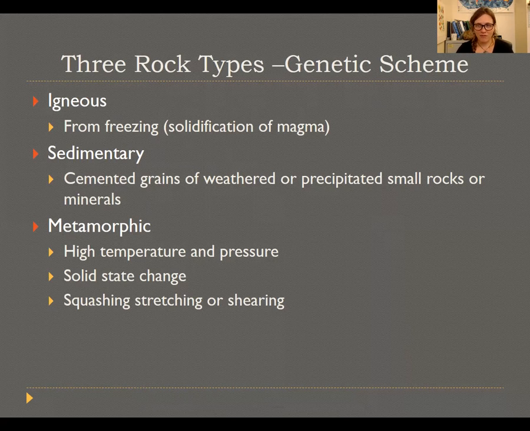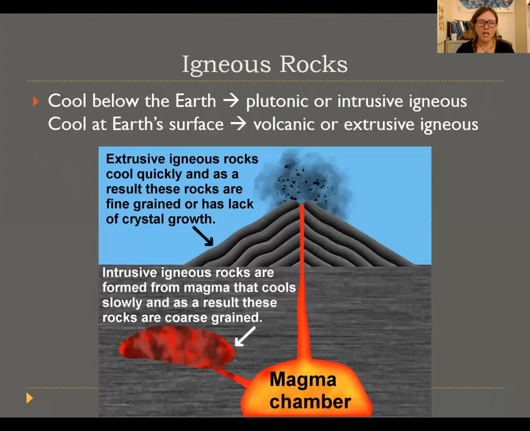And then afterwards, in different videos, we'll talk about sedimentary rocks, which are cemented together or precipitated pieces of older rocks that have been broken apart and transported across the landscape. And then metamorphic rocks, which are rocks that are changed as a result of heat and pressure in a solid state. So again, we're going to start with igneous rocks.